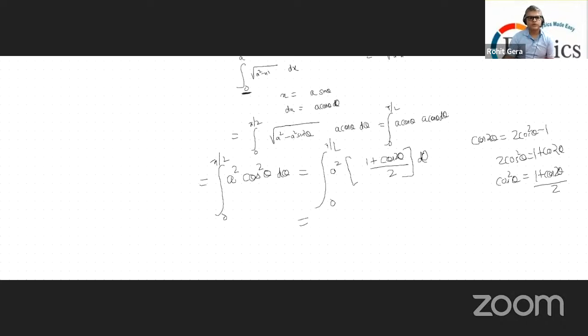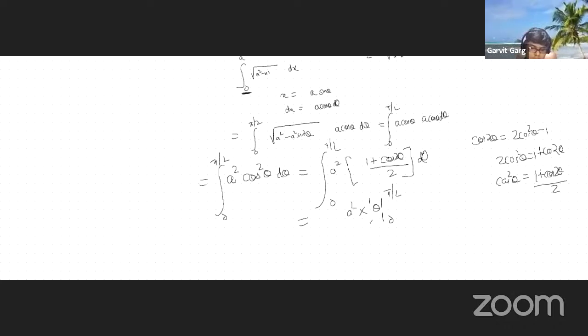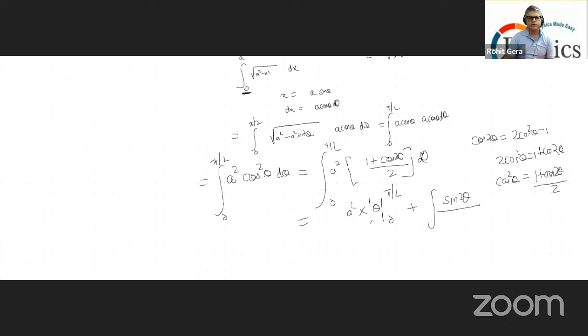So this is a square into d theta will become theta, from 0 to pi by 2, plus integration of cos 2 theta will be sine 2 theta divided by 4. This 2 is already there, right? So this 2 will come here also. So this will become sine 2 theta, integration we've already done.